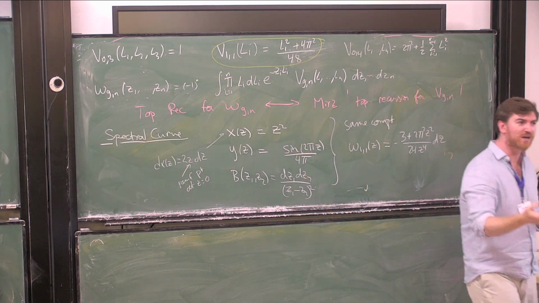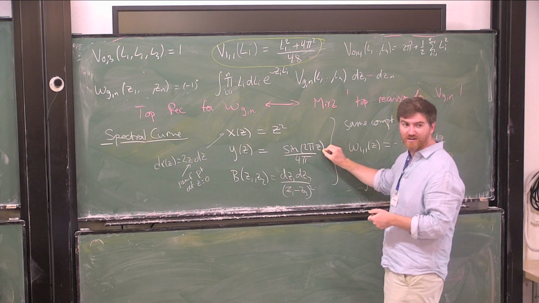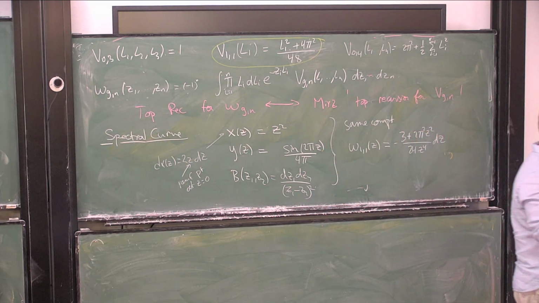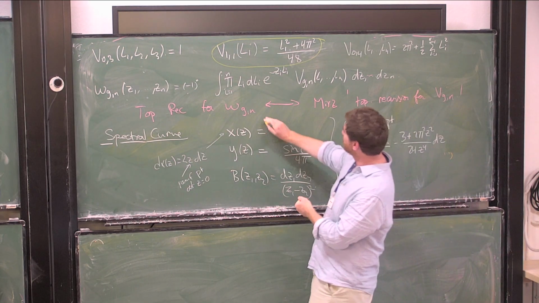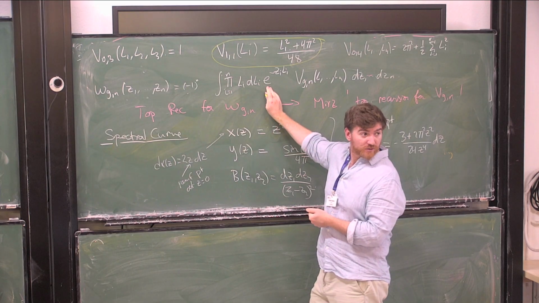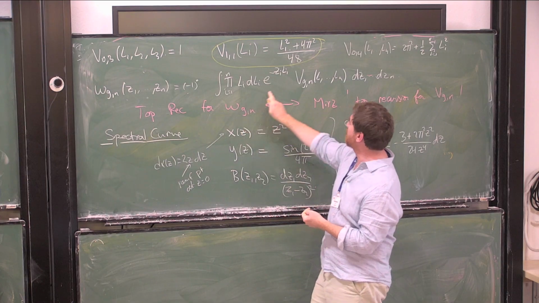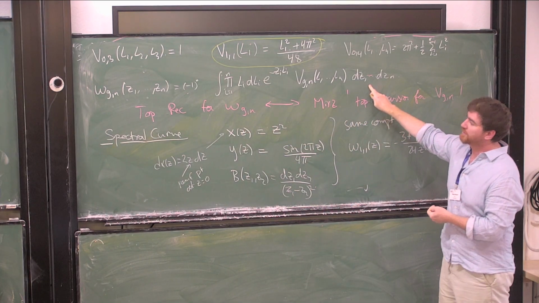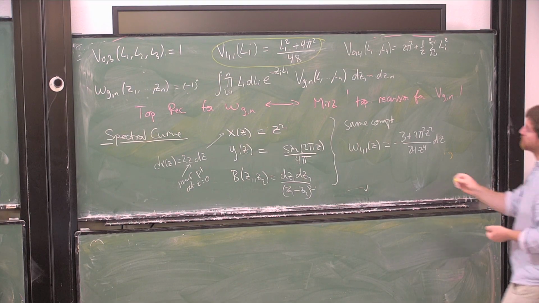You compute this a few times, and they started realizing that, oh wait, this is the series expansion of sine. Okay? And then later they were able to show that this is true for all W, g, and n by essentially taking the topological recursion equation and inverse Laplace transforming it. So if you have a recursion relation for the WGNs and you have this relation here, then you can find a recursion relation for these volumes directly.